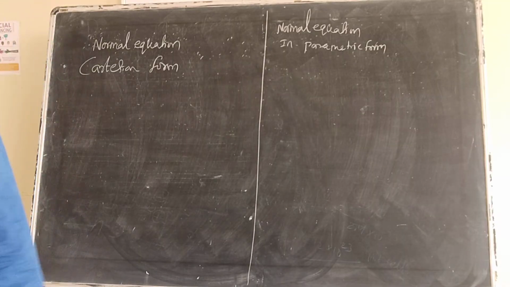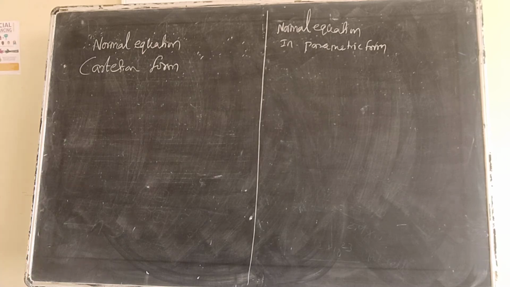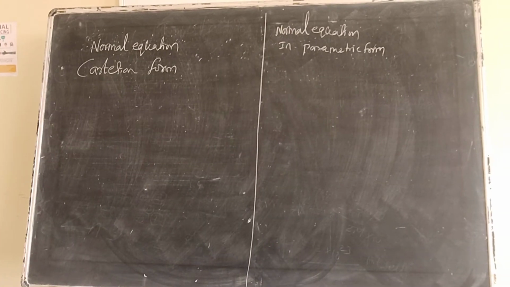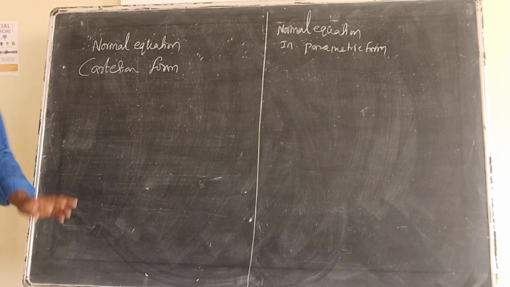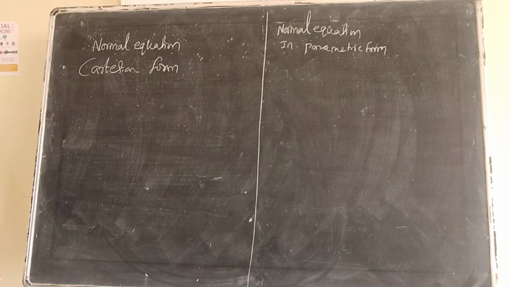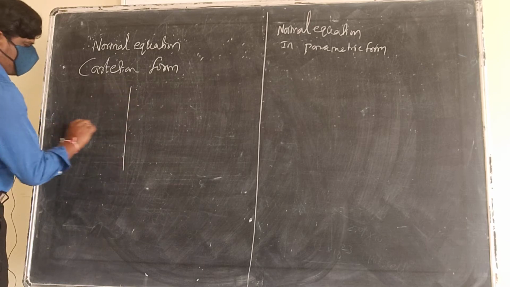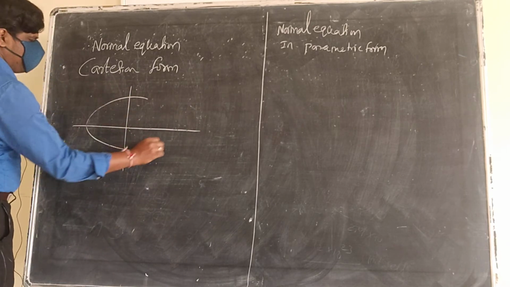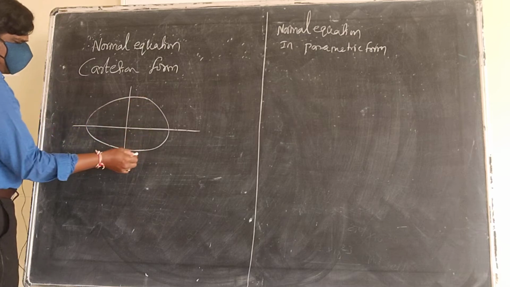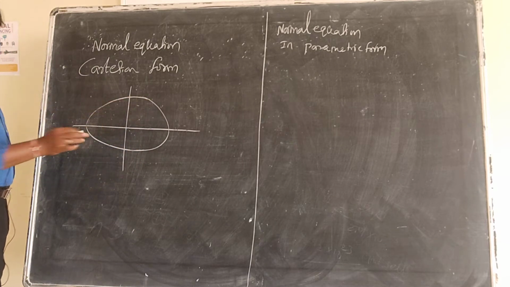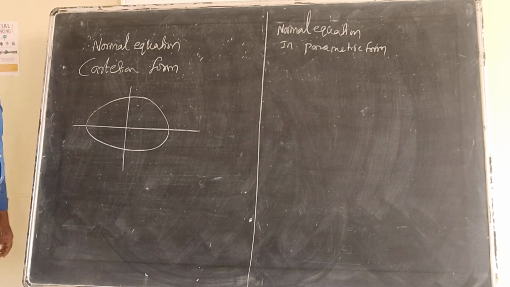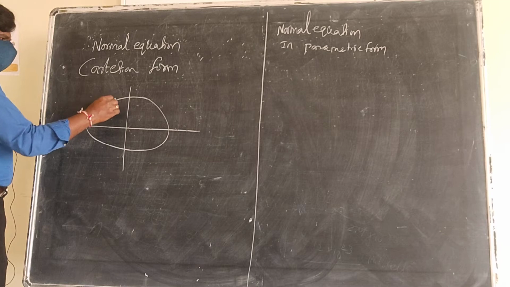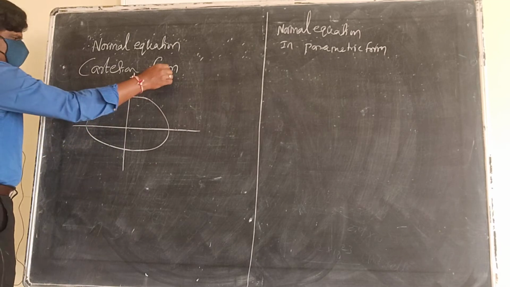Next, the normal equation. Now the tangent equation is over. Now the normal equation in Cartesian form and parametric form. Remember this formula, no need to go for the proof. Nobody will ask you to prove it. This is the ellipse you have. At any particular point, it can be here or anywhere you take it, there will be one tangent equation.